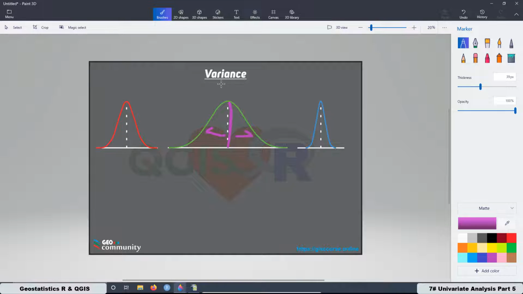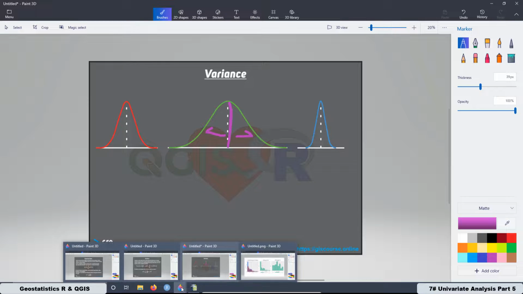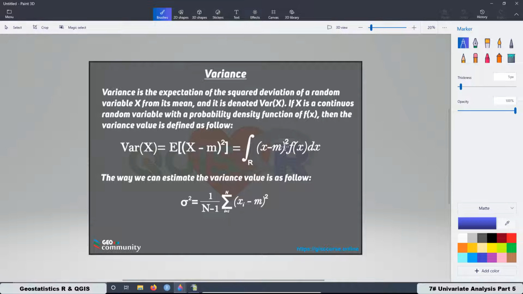The second one is that the higher the variance, the less representative the mean value is going to be, because if the variance is really high, the data is really spread, then the mean value is going to be less representative. And the last one is that the variance is always a positive number, because here we are making the square, and it indicates that we are always going to have a positive number.